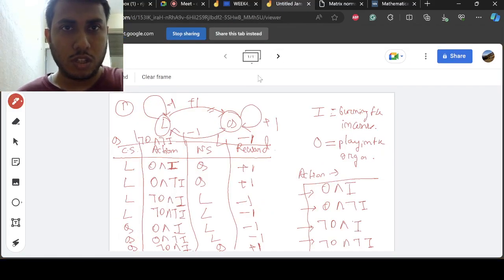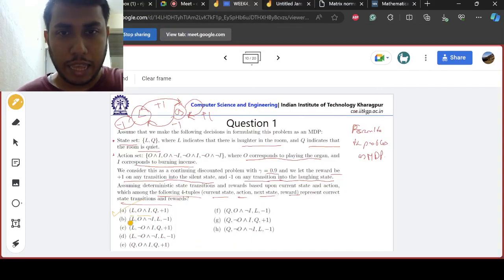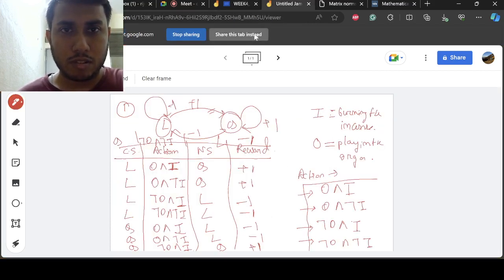Next, we will check L, O and not I. So you are at state L, you are playing the organ and not burning the incense. What will be the next state in that case?